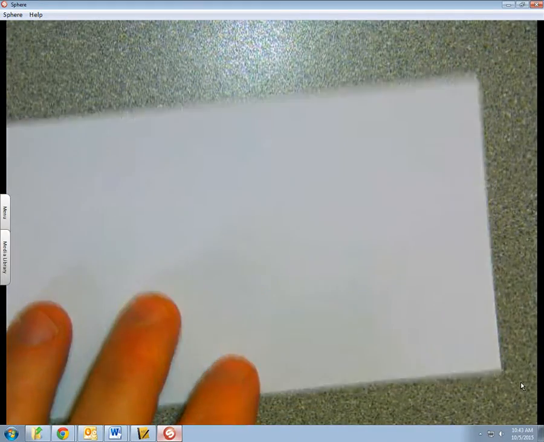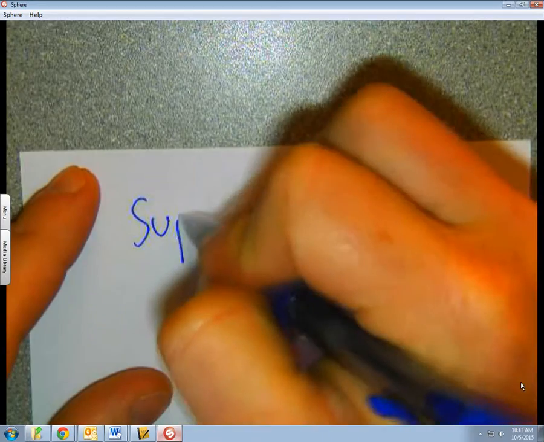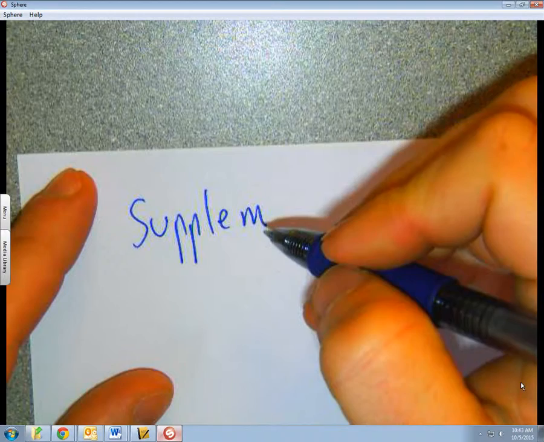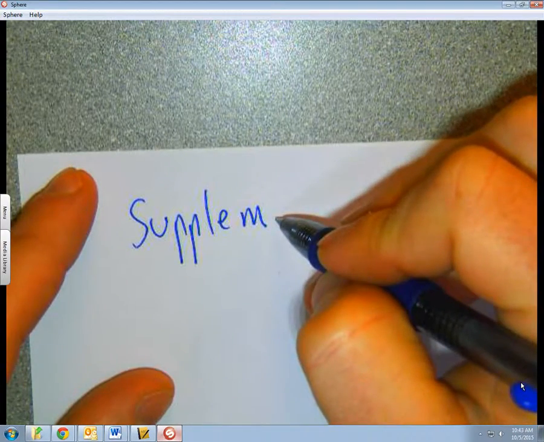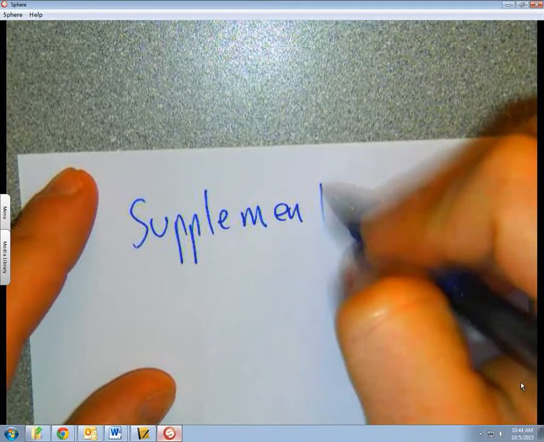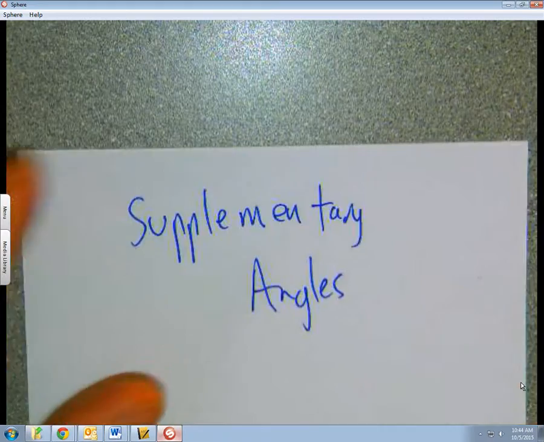The last one is supplementary. Supplementary angles.